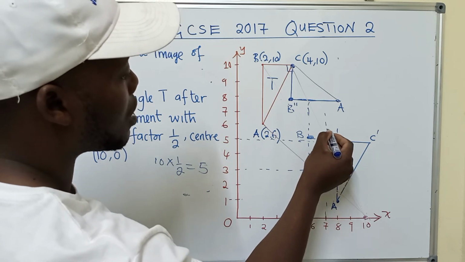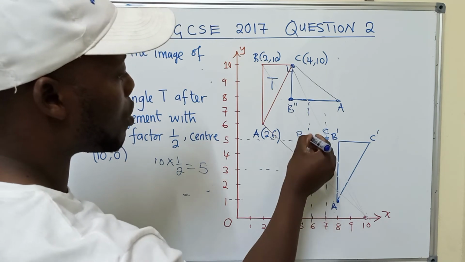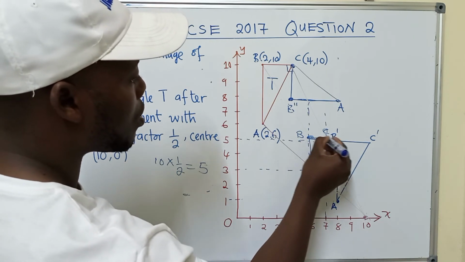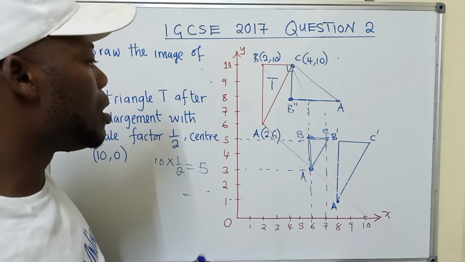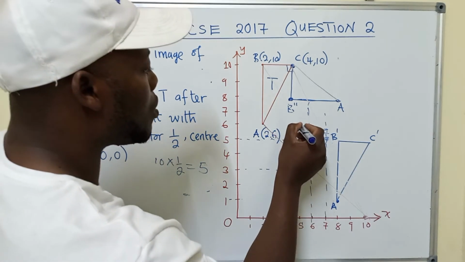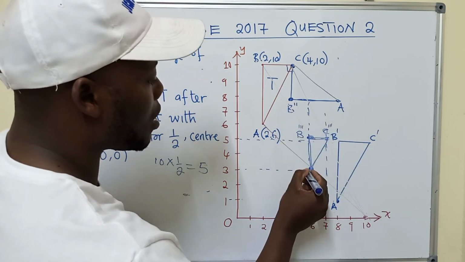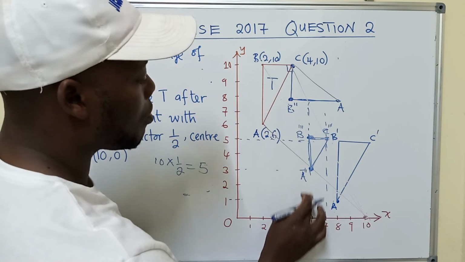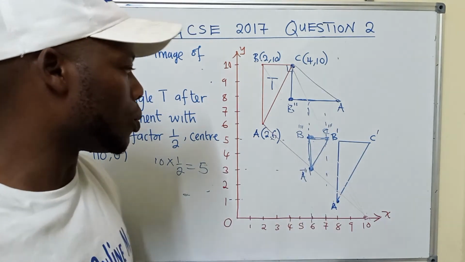This is where they're meeting, and it's where our point C will be. Just join those points. So this is where the triangle will be. And we call this triple prime to differentiate. All right, I guess this makes sense to you.